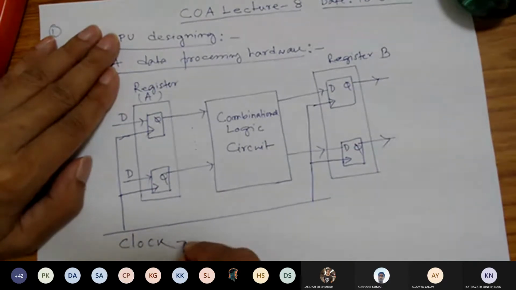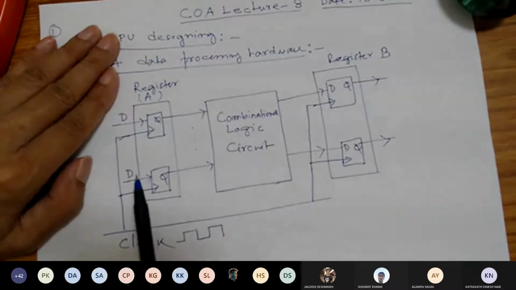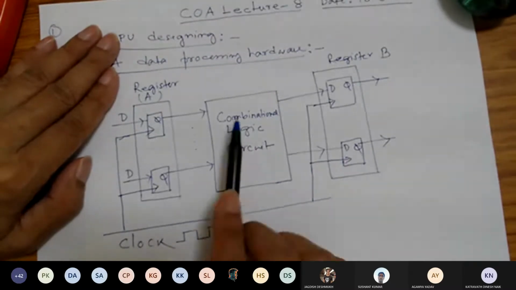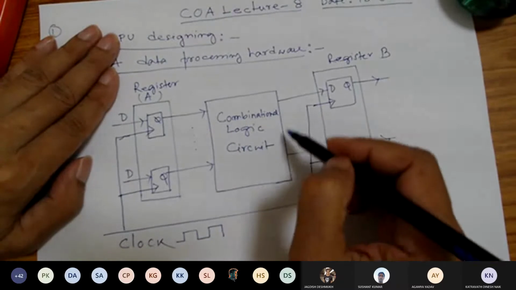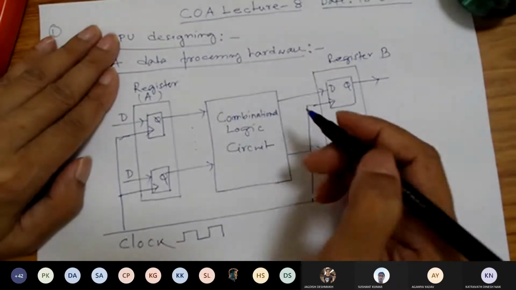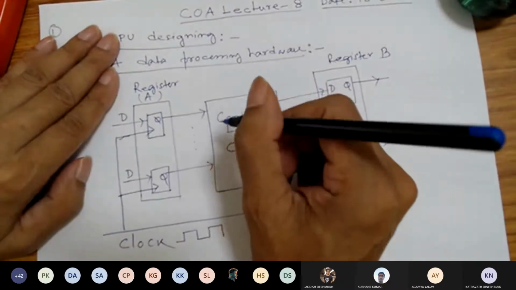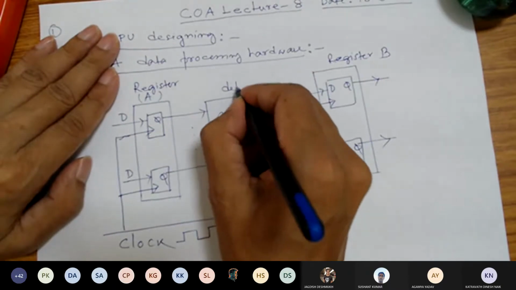So with the help of this clock, we transfer the data from here to here. Since this is a combinational circuit, you can ignore the delay here.